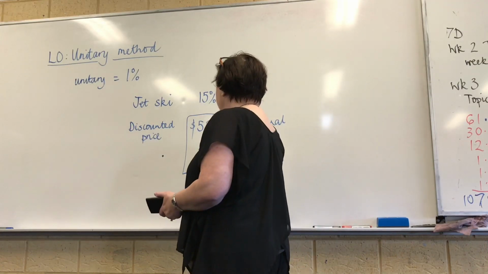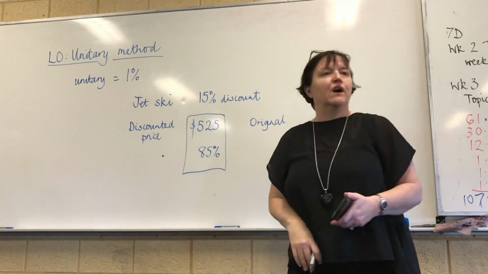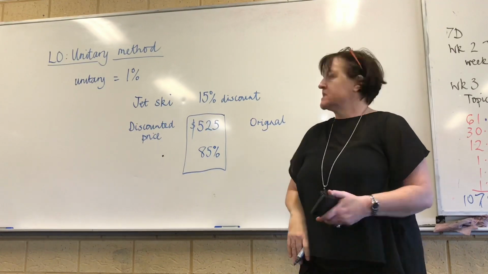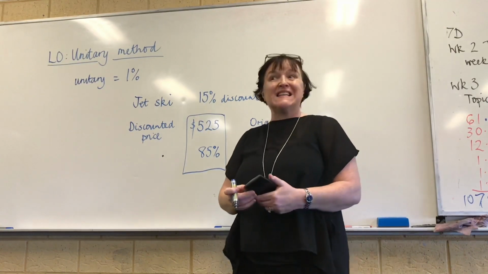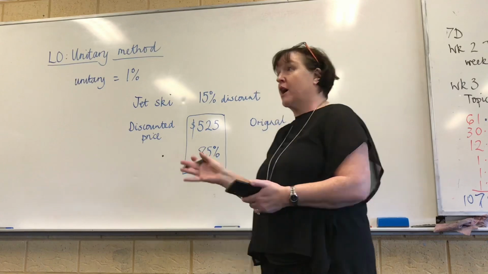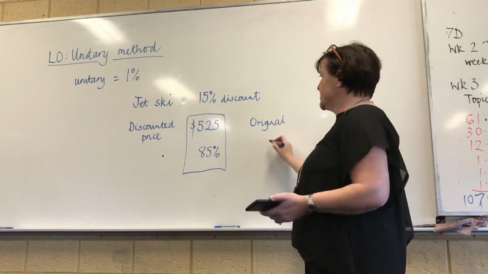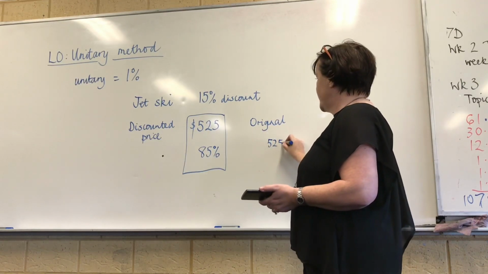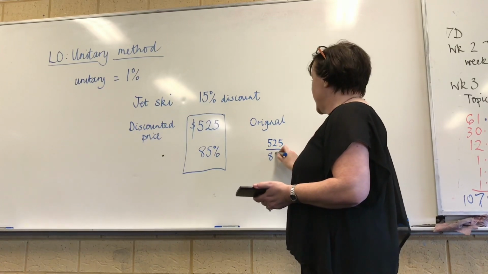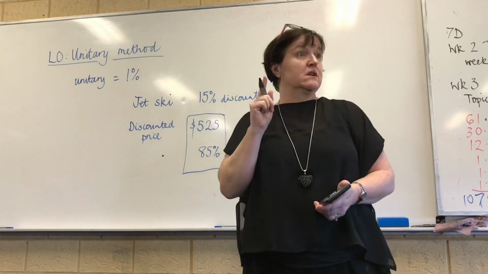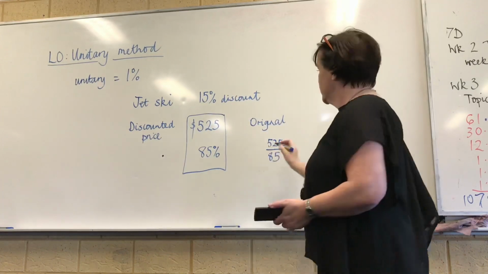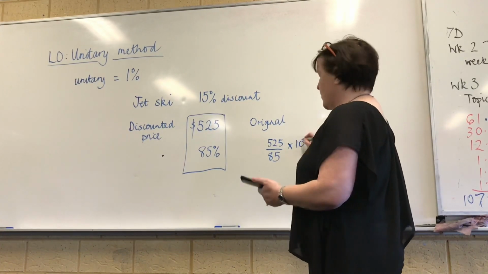So 525 is 85% of the original price. So to find the original, we would do 525, divide it by 85, which would give us 1%, and then we would multiply that by 100.